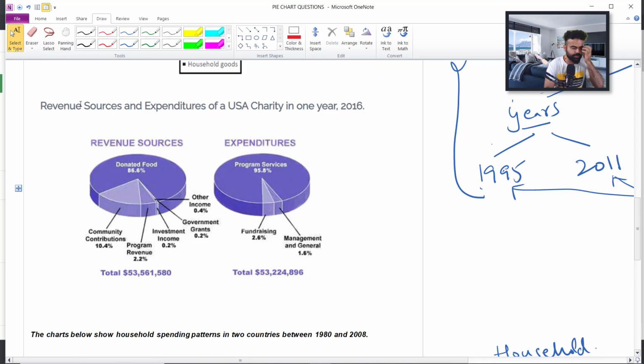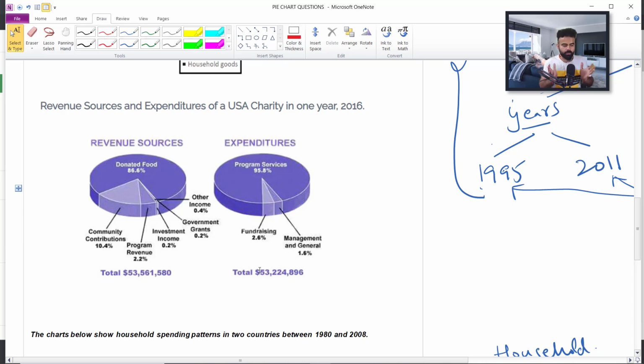So this is our revenue sources, and this chart is about expenditures. Now you can see the total revenue, and then the total expenditure they have provided. So you can write something like this in statement number 1.